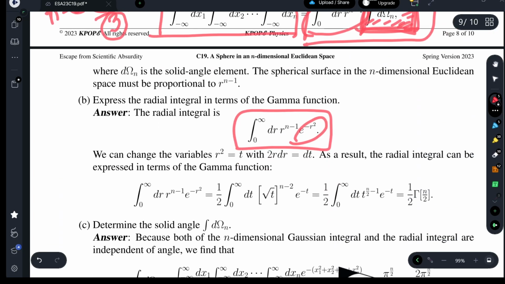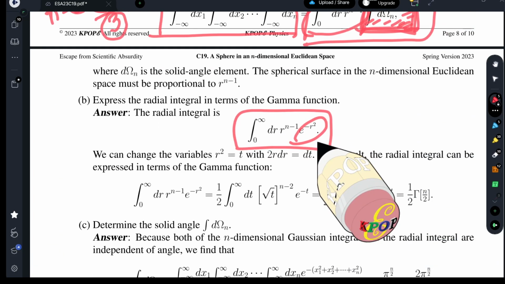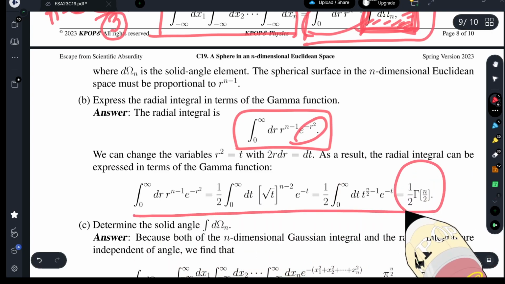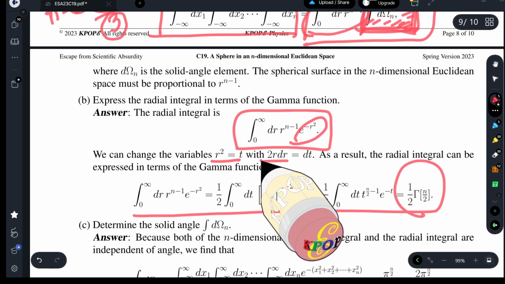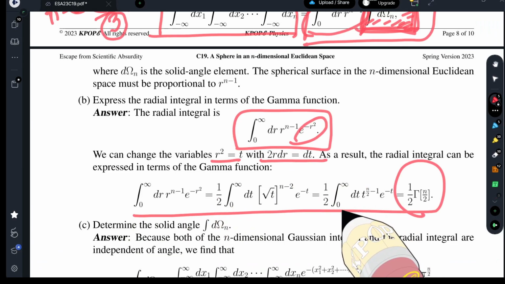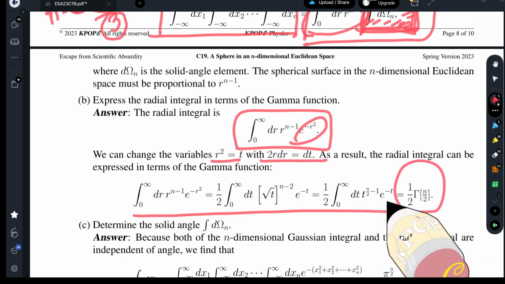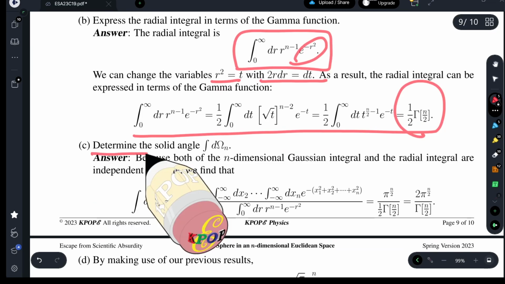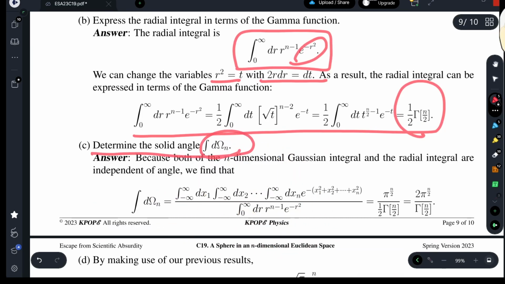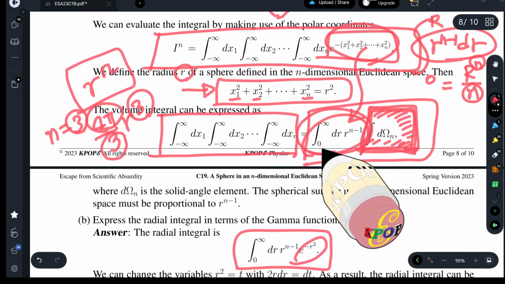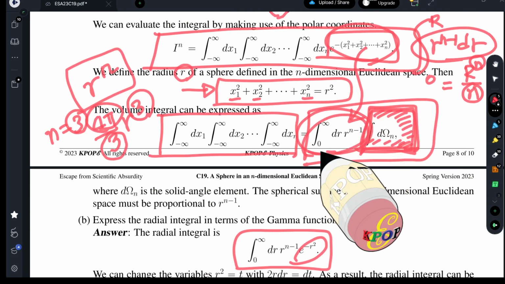Now, we evaluate this integral using the gamma function. The result is this. And we change the variable to convert this integral into the form of a gamma function. Now we can determine the solid angle that has been completely factorized against the radial part.